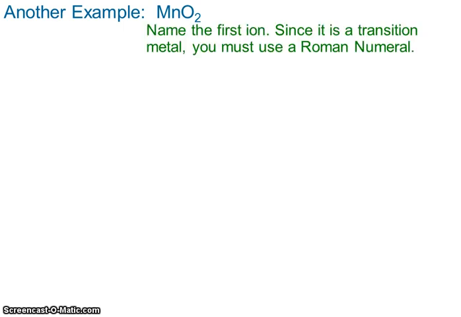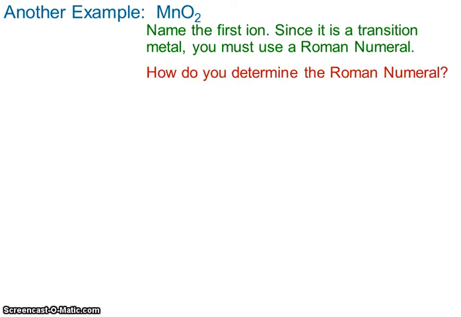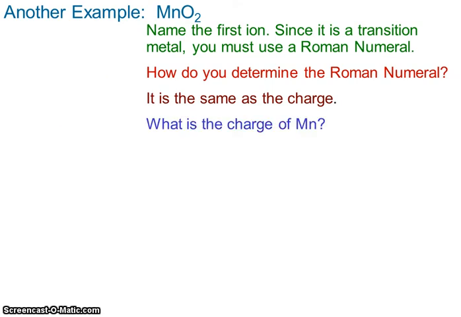One other example, MnO2. I know this is binary and I know it's ionic because it's got 2 elements and it's a metal and a nonmetal. So I'm going to name the first ion, realizing that I'm going to need a number in parentheses because it's a transition metal. So Mn is manganese, and I'm going to need to know what that wonderful charge is. So we're going to use the same deductive reasoning we've used before.